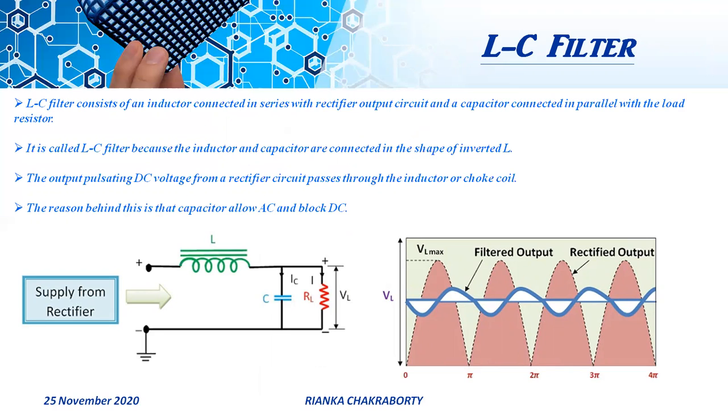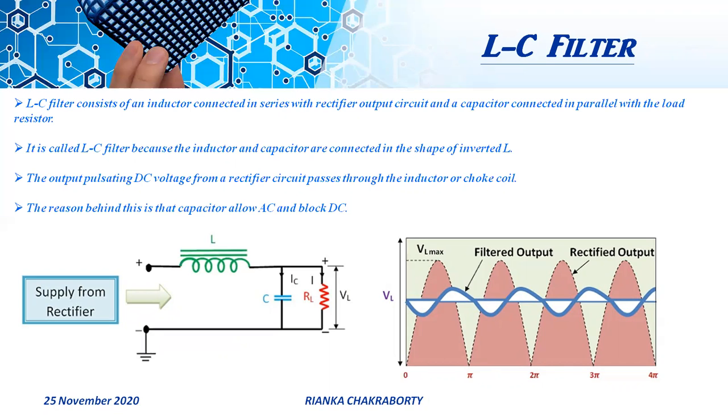This is also called an L section filter because in this arrangement, inductor and capacitor are connected as an inverted L. The choke L on the input side of the filter allows DC to pass but opposes the flow of AC components because its DC resistance is negligibly small, but AC impedance is large.